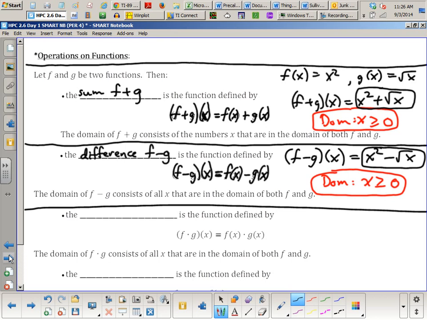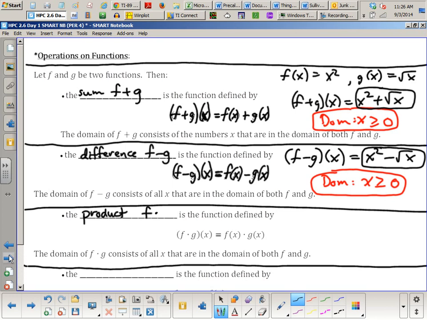Okay, next would be multiplication, right? So we've added f and g, we've subtracted f and g. What happens if we multiply f and g? Well, we call that a what? Not a sum or a difference, but product. So the product f times g, you can write that as f times g in parentheses, and then an x, or you could just think of it as f of x times g of x.